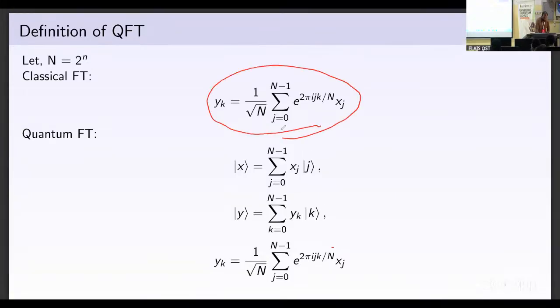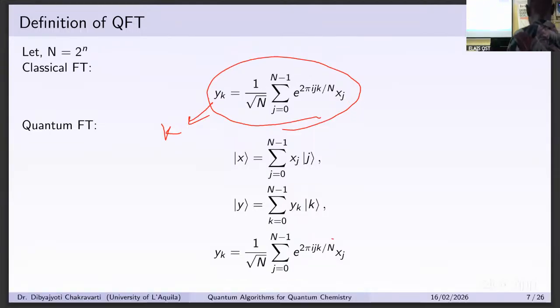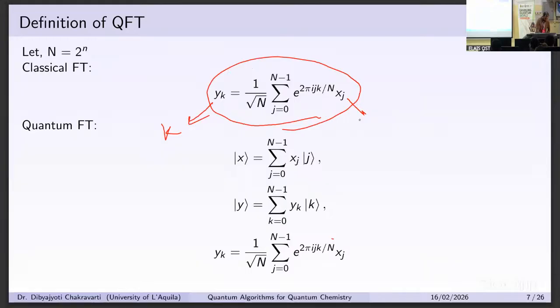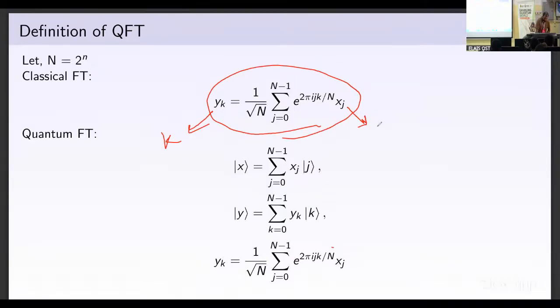So y is in the basis of k, while x is in the basis of j. x is defined as a sum over j of x_j in the basis in which x is defined.